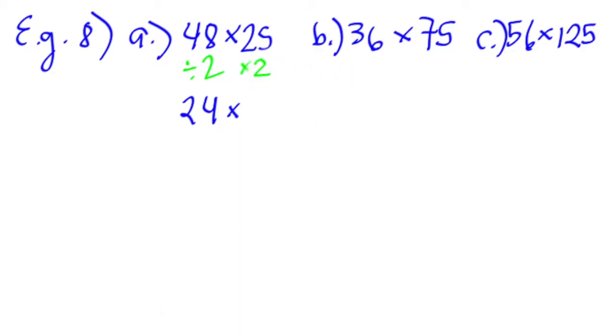Multiply by 2, and that will give us 50. Now try to imagine this 50. If we move one step further, this 50 will become 100. And you know, multiplying by 100 is always going to be easy.